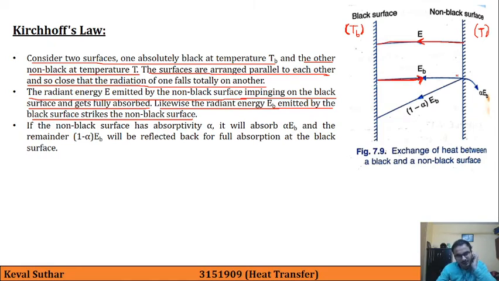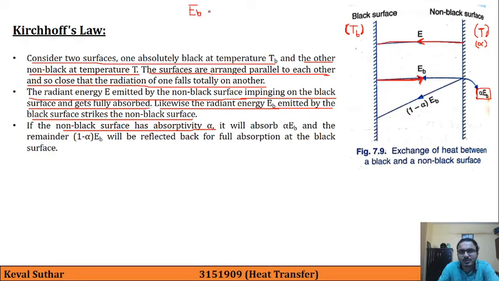Here let us say that the non-black surface has absorptivity alpha. Once this EB strikes this non-black surface, which has absorptivity alpha, the term alpha into EB will be absorbed, and the remaining will be reflected. So the total striking was EB.